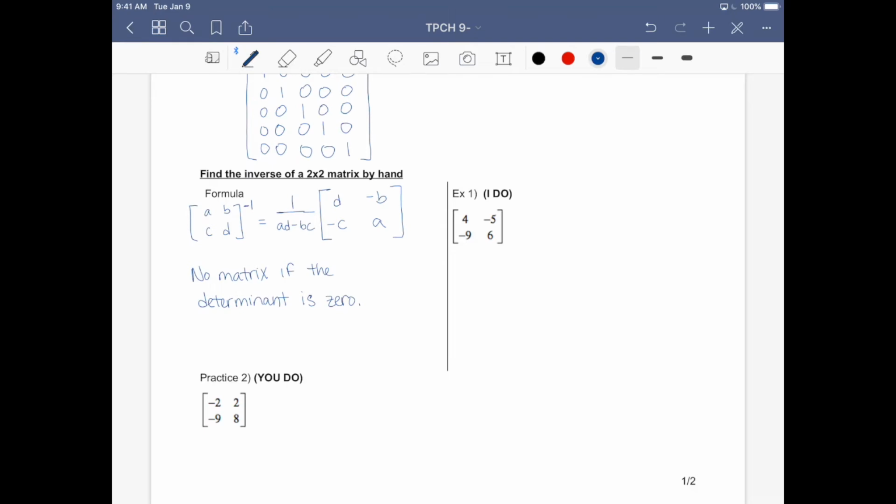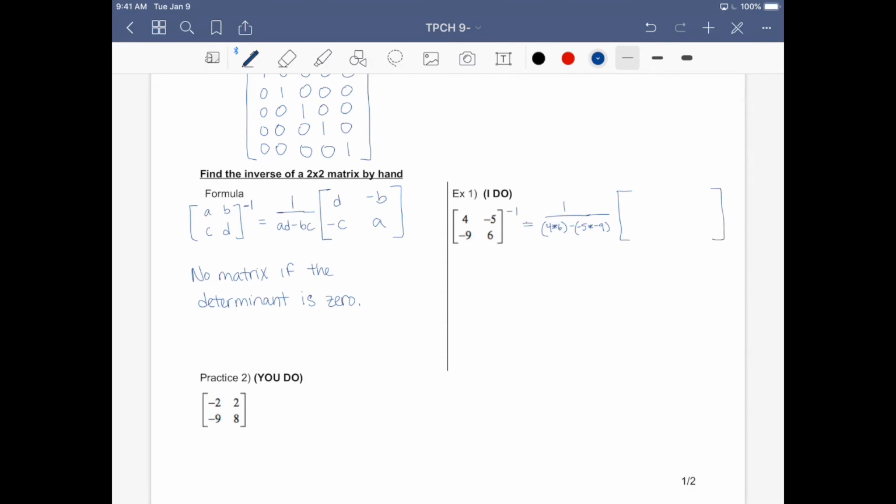So example 1, let's find the inverse of this matrix right here. The first thing I'm going to do is find the determinant. So I'm going to do 1 over the determinant, which is 4 times 6 minus negative 5 times negative 9, times this matrix.